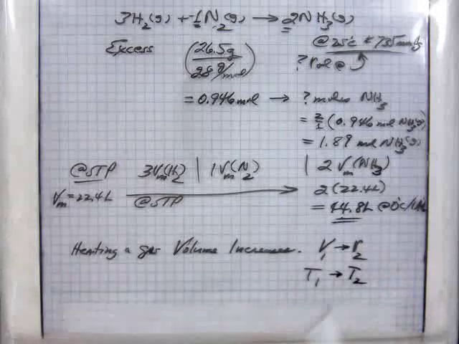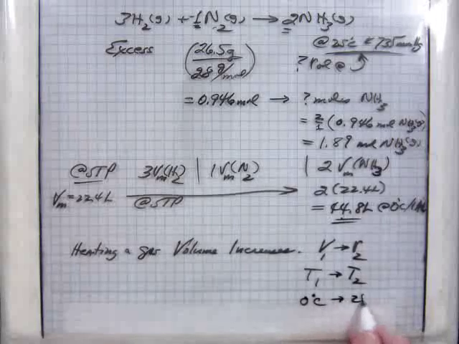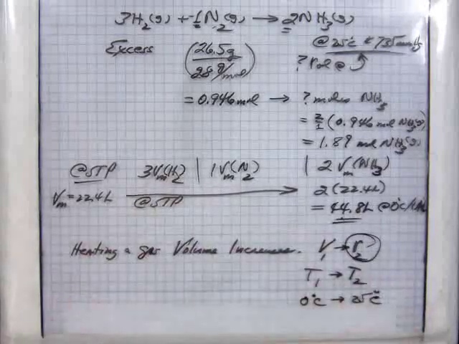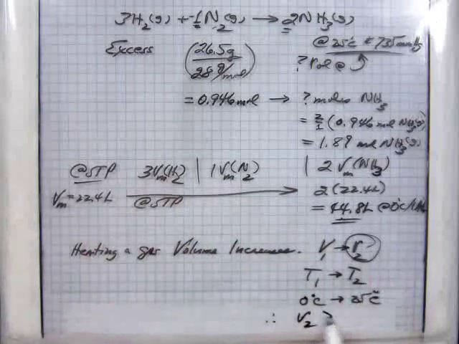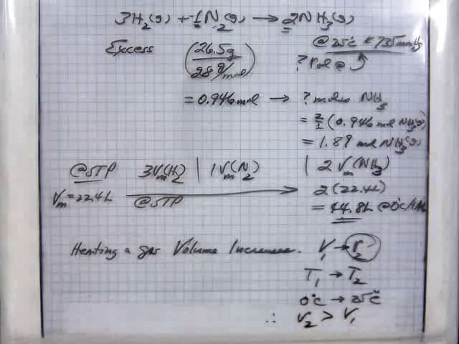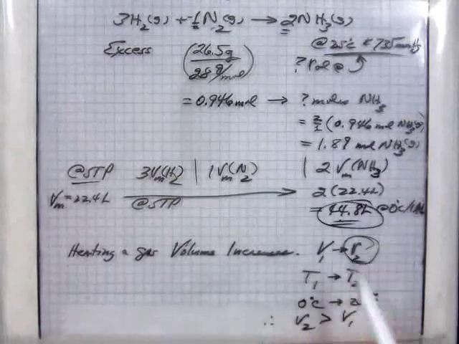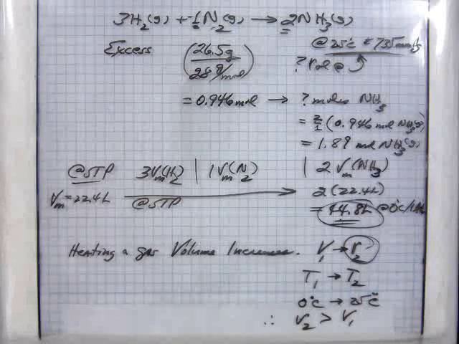So if we increase from 0 degrees Celsius to 25 degrees Celsius, we can expect V2 to be greater than V1, because it's going to expand. Well, we know what the volume is at standard conditions, 44.8. So we're looking for a number bigger than 44.8. Yes? Okay.